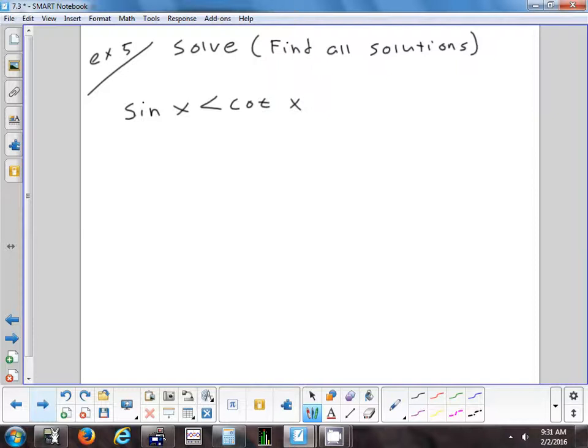All right. So let's try this one. I don't have to get 0 on one side, but that's the way we've been doing it, so I think we should stick with that. Can somebody tell me how I can get 0 on one side?